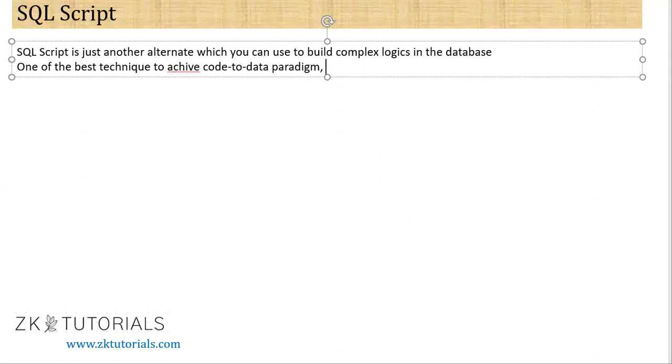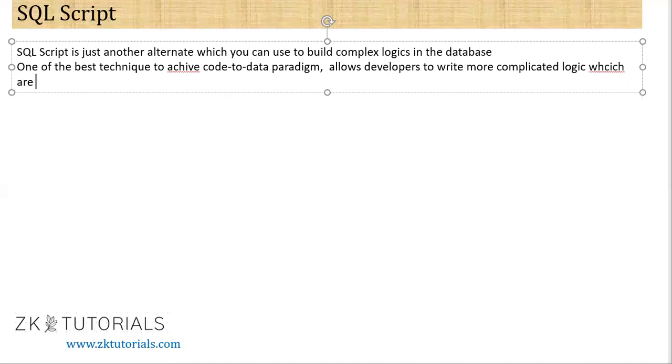You will get some quick info about it. It's one of the best techniques to achieve the code-to-data paradigm, where it allows us developers to write more complicated logic which is not possible with simple views in HANA.